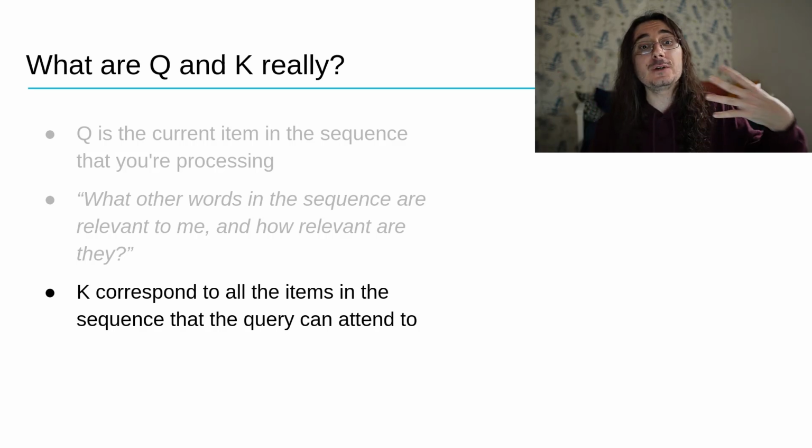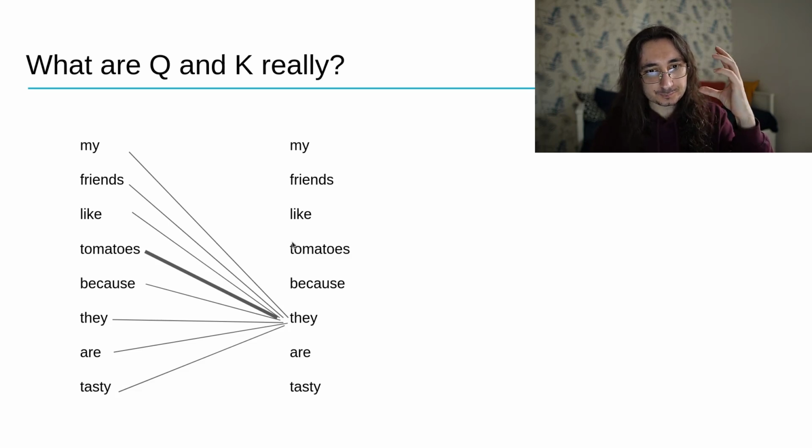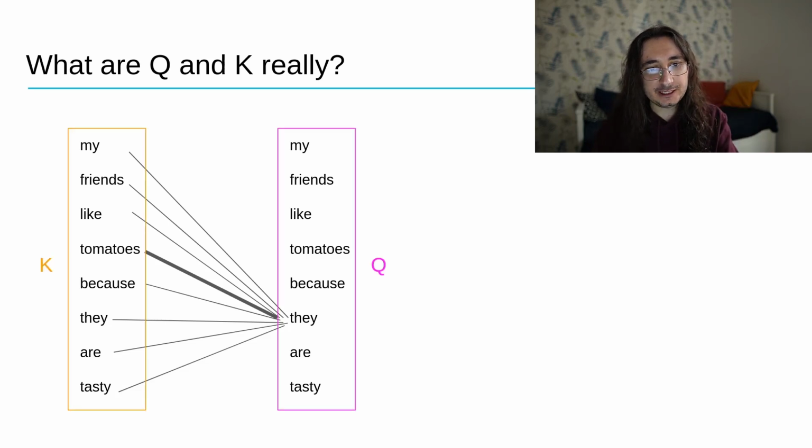Now let's try to visualize it with our old friend, this visual representation. Okay, so we can think of the right-hand side here as the query. In this case, "they" is the query item. And what is it querying?